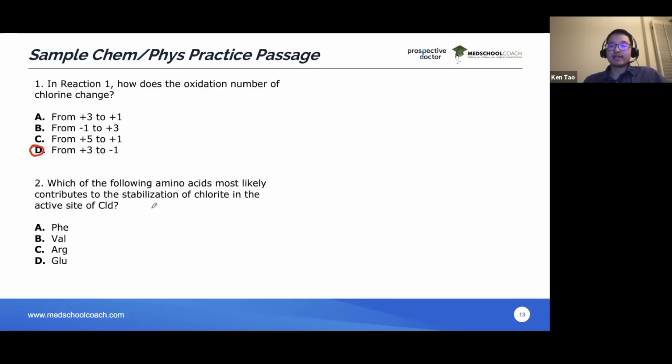Sometimes in the passages, they won't give you that information in the text. If they don't, that means you have to use the structure of the molecules given to you in the passage. And of course, there's another case where you get both text information and structure information. This is where it gets a little tricky. Which one do I go with?